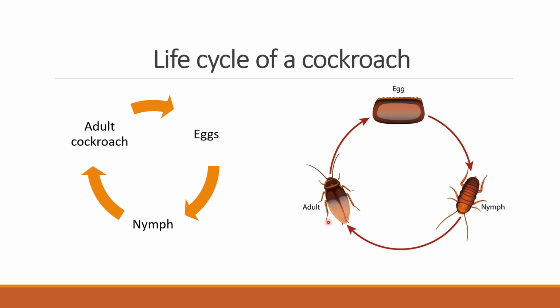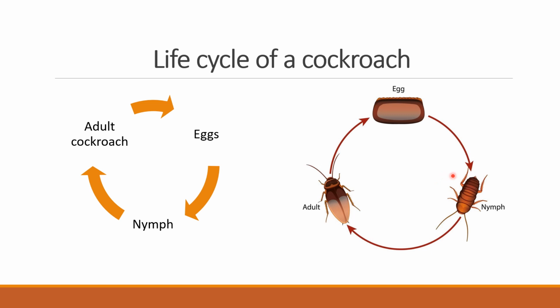If you consider its life cycle, this nymph is morphologically similar to the adult cockroach, but it is very small in size. After a few sheddings of the exoskeleton, it becomes the adult cockroach.